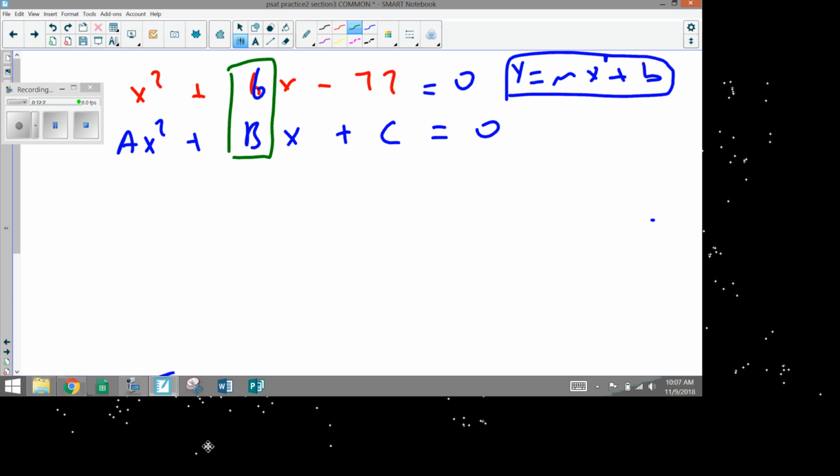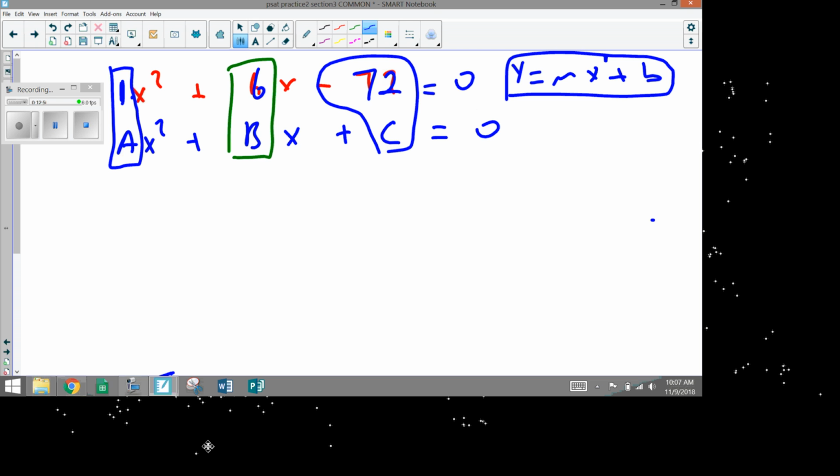So similarly, if I ask you what is a, you would say x. No, you're not going to say it. No. What is a? Yeah, I just think you look because there's 1, right? 1 times x squared. So a is matching with 1, b is matching with 6. What is c? Negative 72. Negative 72.